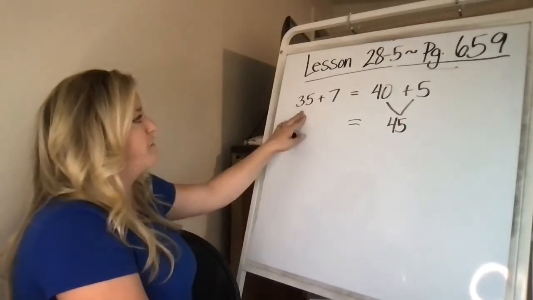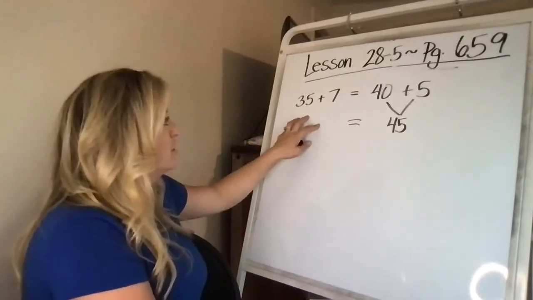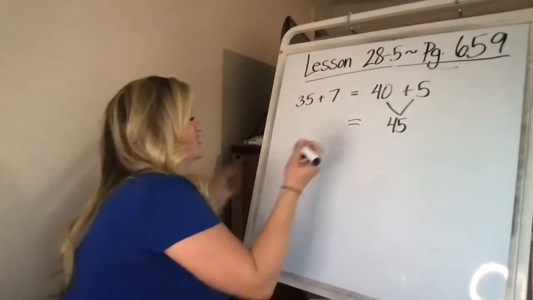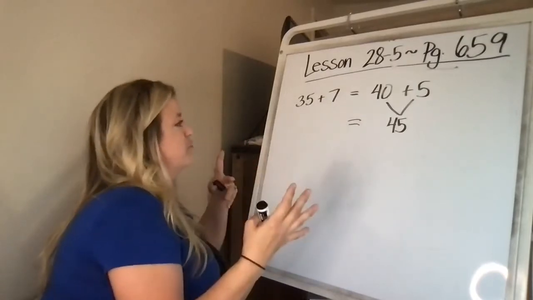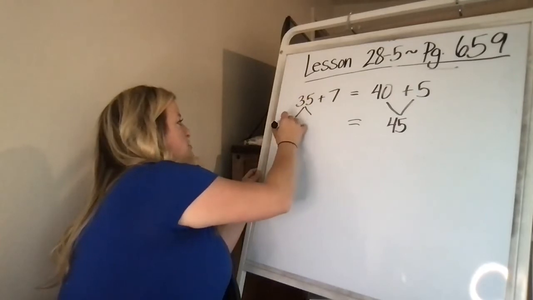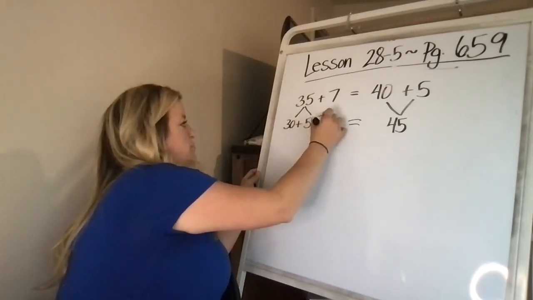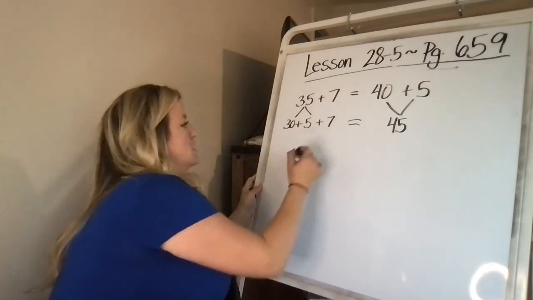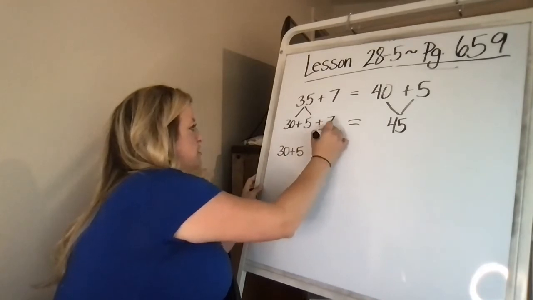Well, hopefully you know 35 plus 10 would get you to 45, but that's not what we have here. So we're going to solve this pretending that we don't know that 35 plus 10 would equal 45. So we're going to break it out. 35 is 30 and 5. So it's 30 plus 5 plus 7. Well, then I'm going to break apart the 7.